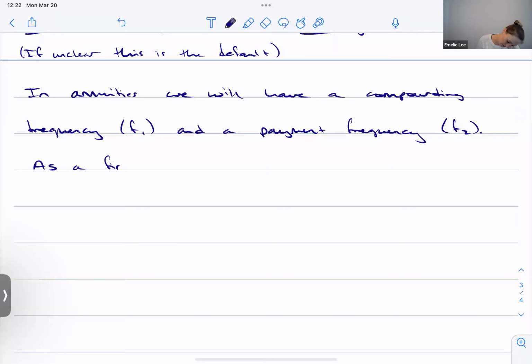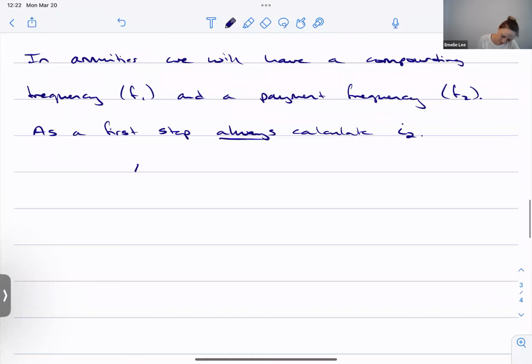So as a first step, always calculate I2, where I2, right, is 1 plus I1 to the power of F1 over F2, and then minus 1.